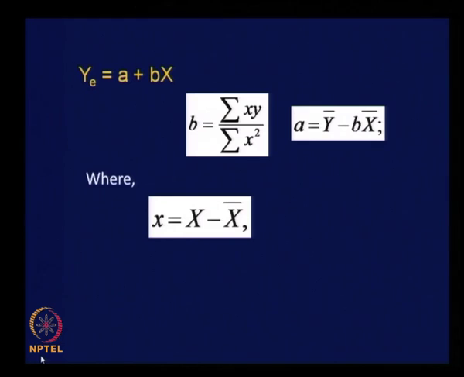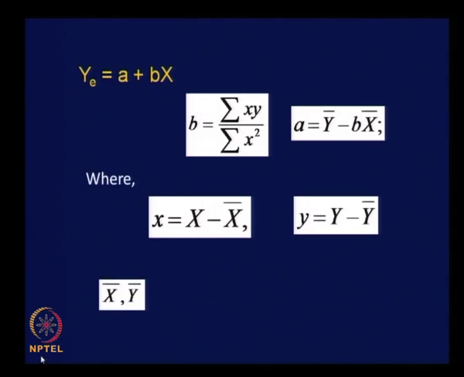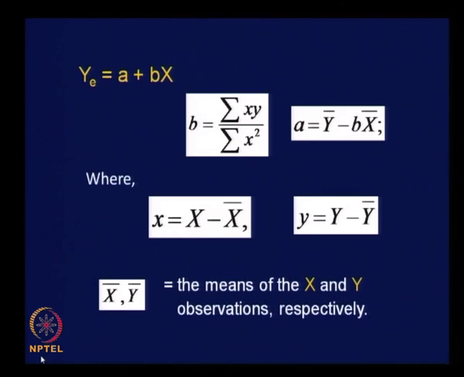Of course we define lowercase x as X minus X̄, y as Y minus Ȳ, and X̄ and Ȳ are nothing but the means of the X and Y observations respectively. Please note here we indicate the actual observed values with uppercase letters, and the x, y used for analysis are lowercase letters, the difference between the observed value and the corresponding mean.